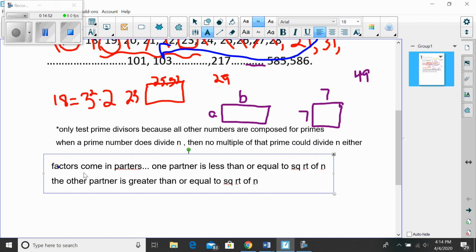Let me come up here then and say factors of n.